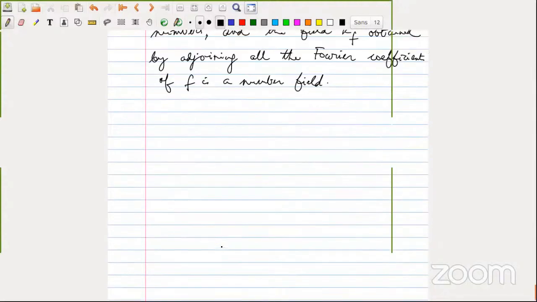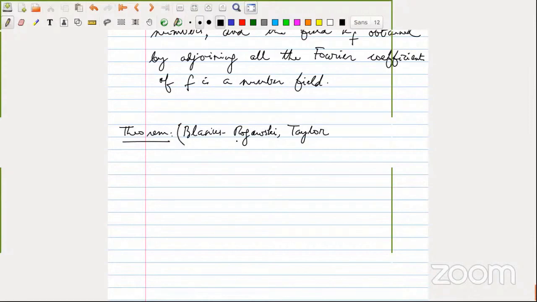So once I have these Hecke eigenforms, there is this theorem due to many people: Blasius, Rogawski, and then Taylor.